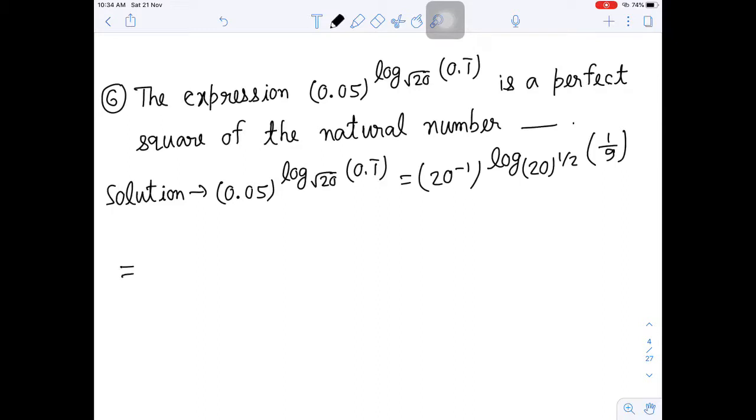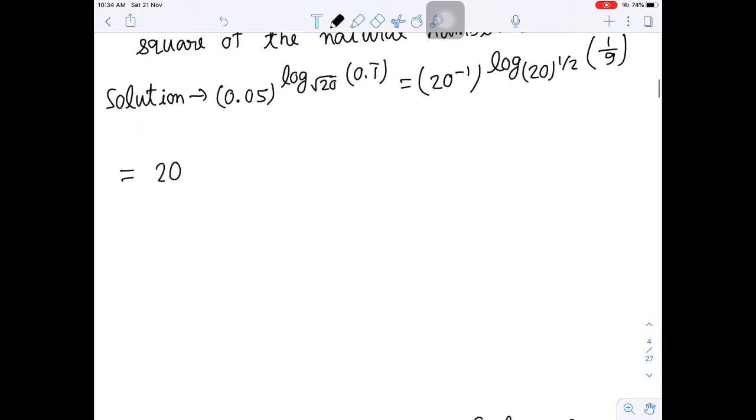Now next we can write it as, so for log there is a rule actually. Suppose you have log b base a to power n, so it can be written as 1 by n log b base a.